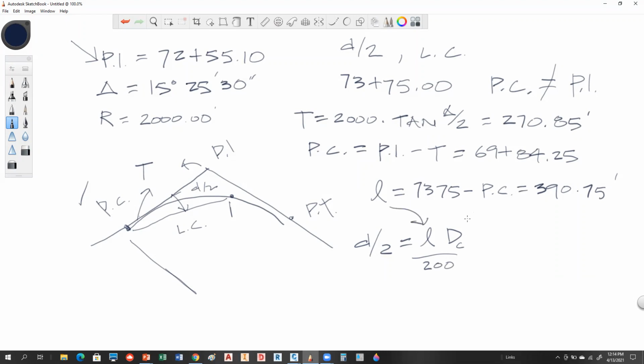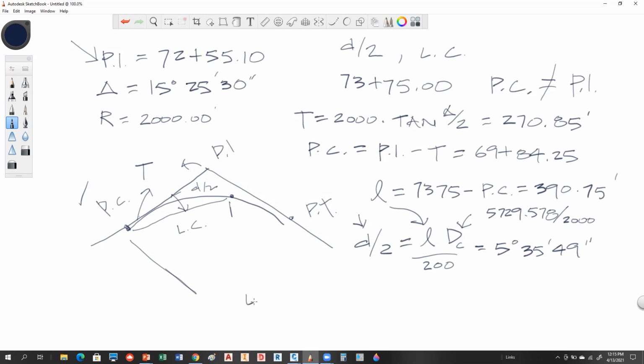And then degree of curve is just your 5729.578 divided by what? The radius. The radius, which is 2000. So what you get here is 5 degrees, 35, 49. Okay, so most of you use this equation, but you didn't use the right variables in it.